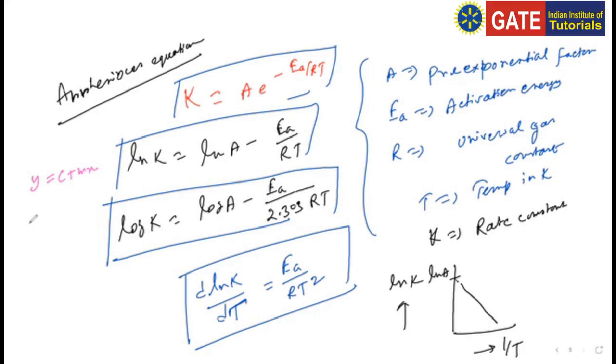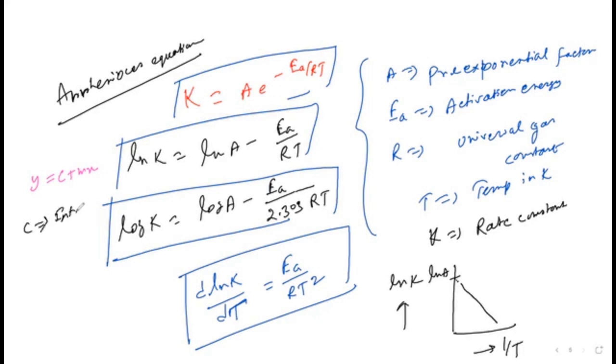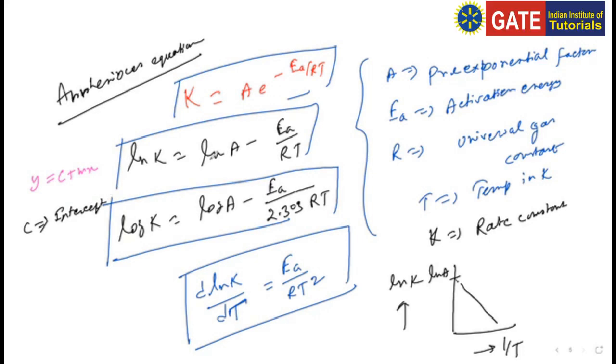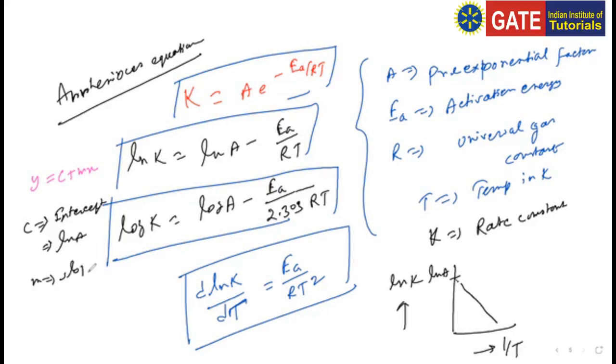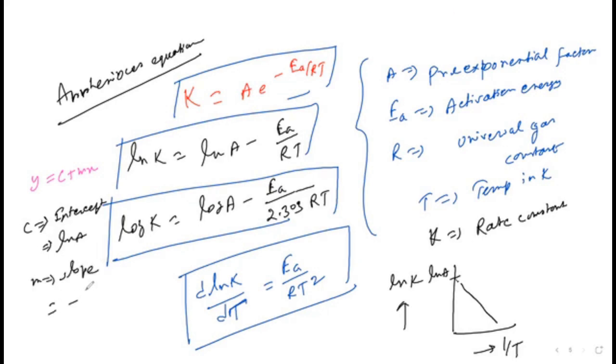So what is c? c is the intercept. What is the intercept? ln A. What is the slope? m is the slope, minus Ea by R.